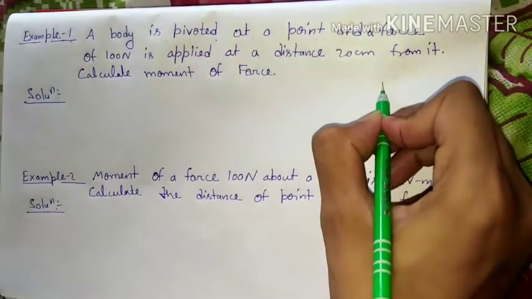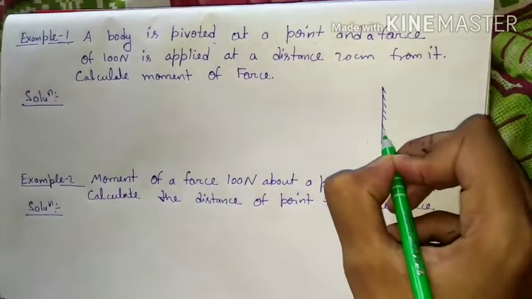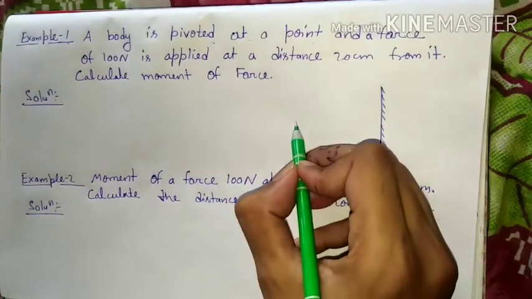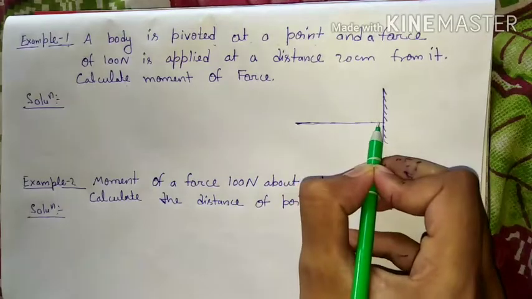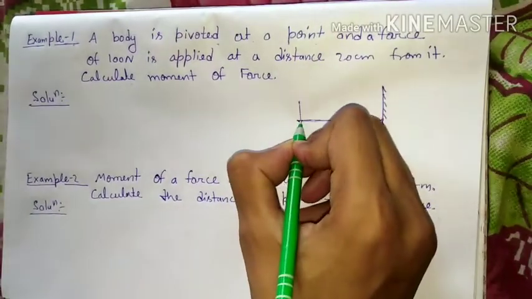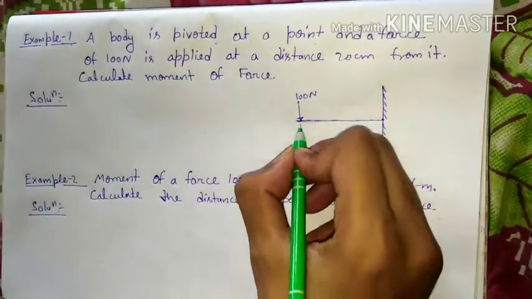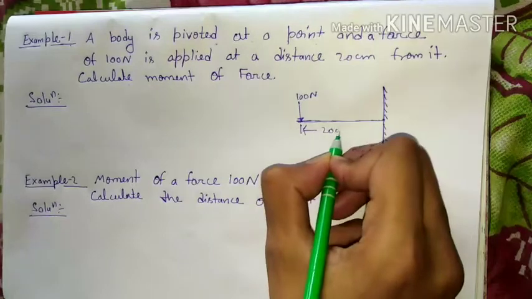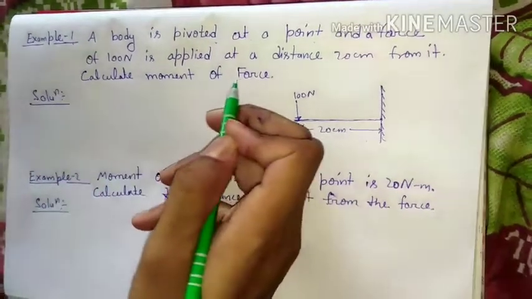Suppose here is a wall and a body which is pivoted at a point, and a force of 100 Newton is applied at a distance of 20 centimeter. Calculate the moment of force.